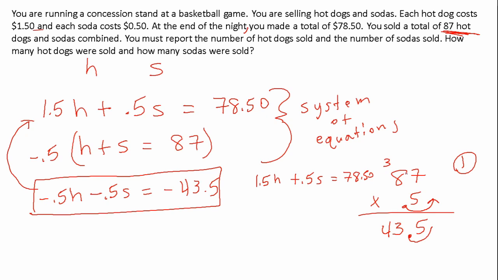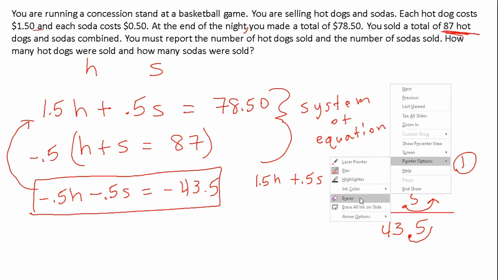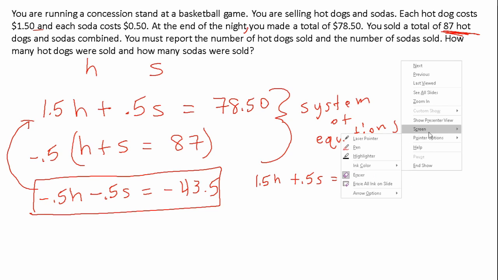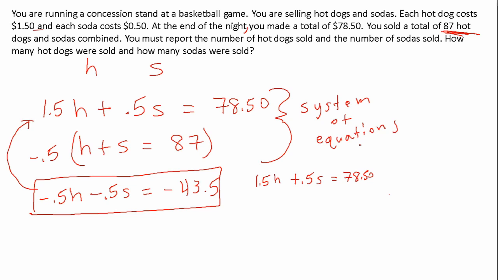And let me get rid of this arithmetic here so we can have some room to do the work. We're going to add this new equation there. Negative 0.5H minus 0.5S equals negative 43.5.